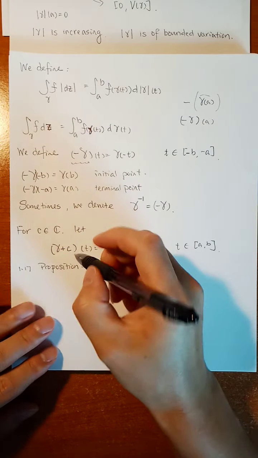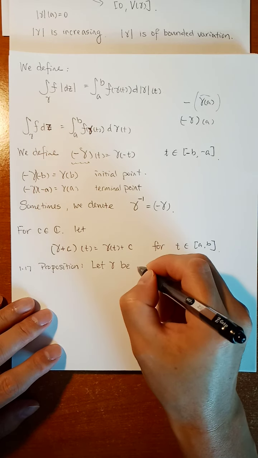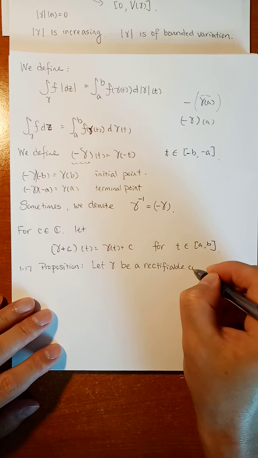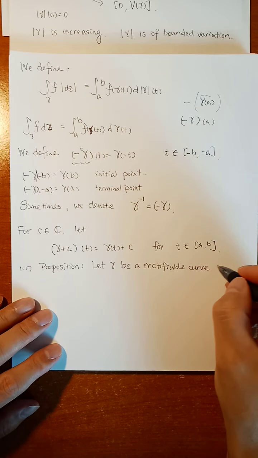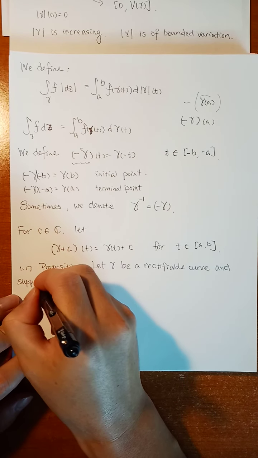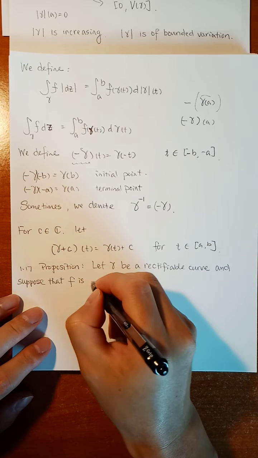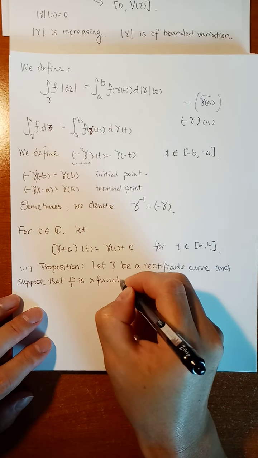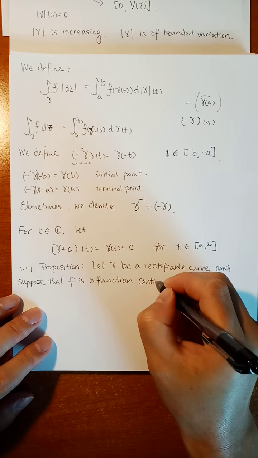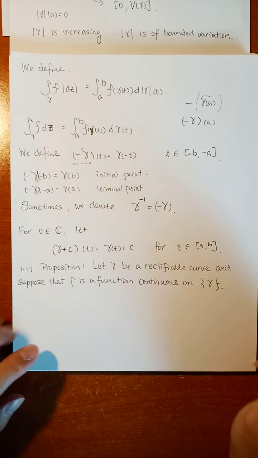The proposition says, let gamma be a rectifiable curve and suppose that f is a function continuous on the trace of gamma.